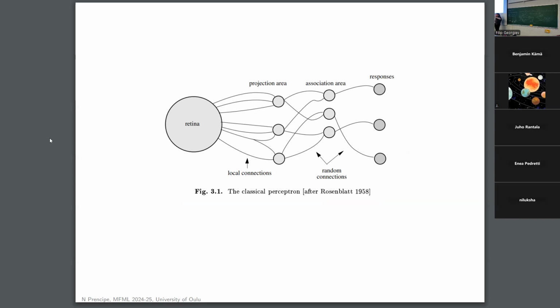So that's the idea. That's why at the beginning he talks about local connections that he says are deterministic. Whatever is hitting the retina is transferred to some model, like a picture, or some pixels, and that is the input of your network. From here on, that is called the projection area.